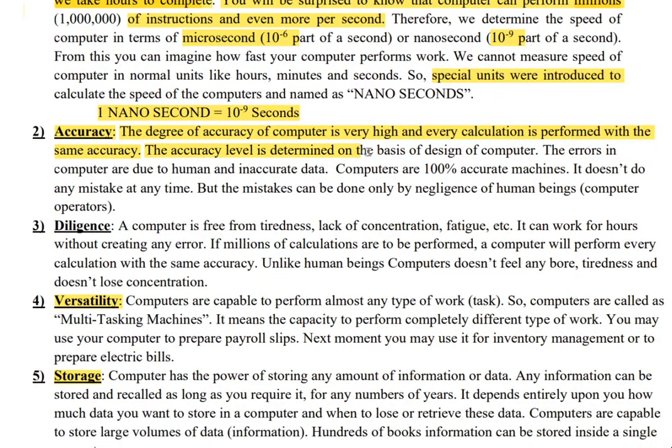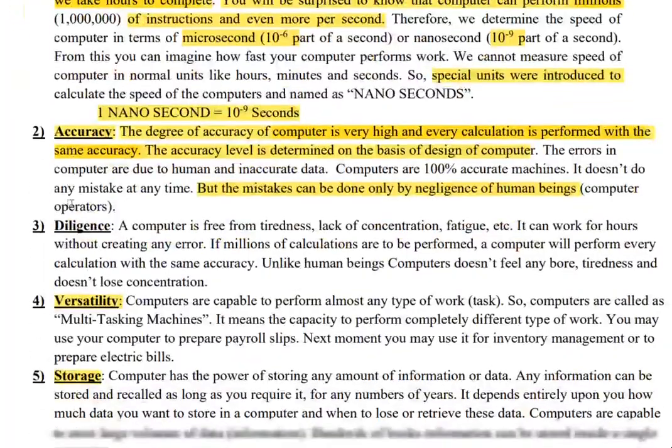The accuracy level is determined by the design of the computer. Humans make some errors, but a computer cannot make any mistakes. The mistakes can only come from the human being. Humans give mistakes, and the computer will operate on them.